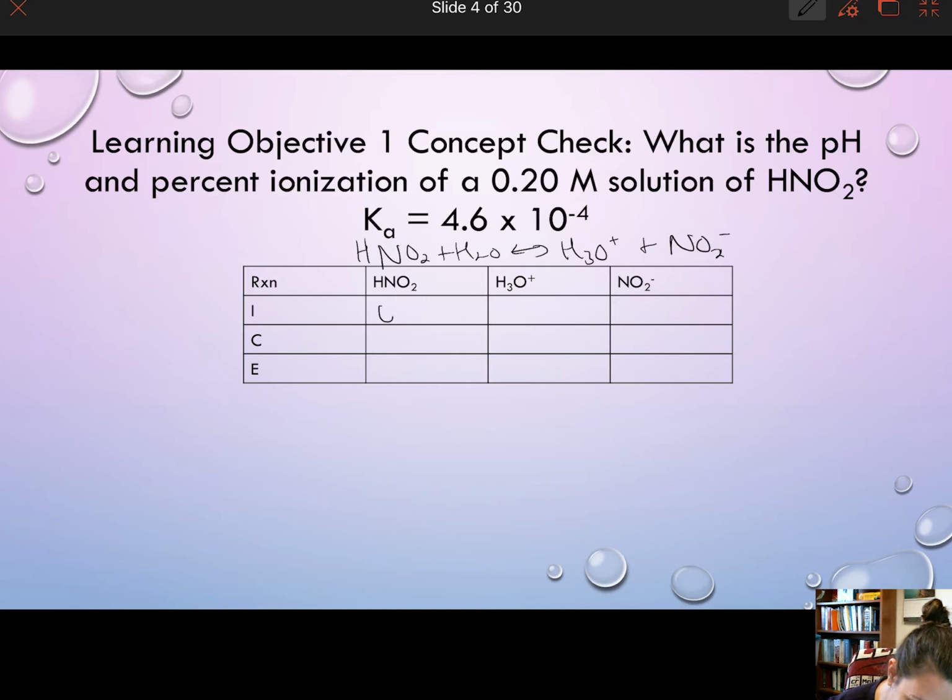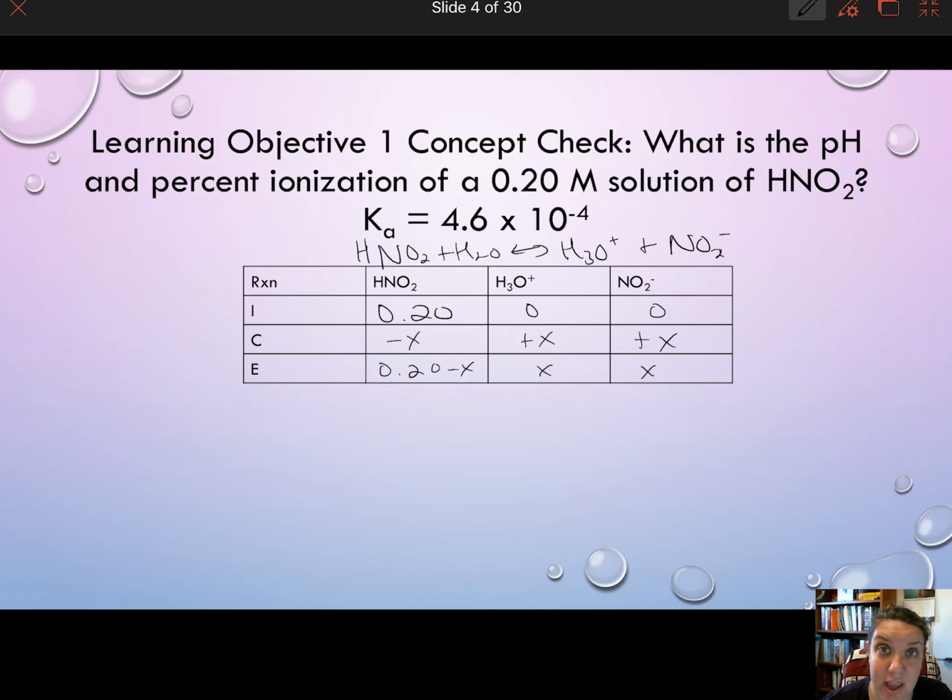So we start out with 0.20 molar of our nitrous acid and 0 of the other things. So minus X on our reactant side, plus X on products. And then we combine our I and C to get 0.20 minus X, and then X and X for hydronium and nitrite.